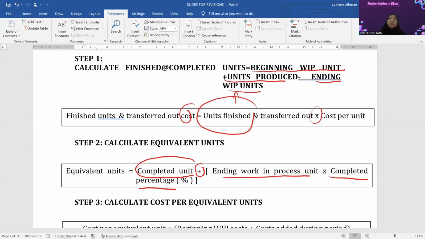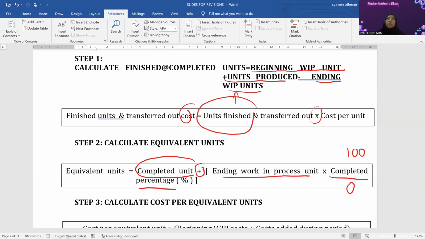Kalau direct materials are added in the beginning of the production, the completed percentage will be 100%. Kalau towards the end, it will be 0%. Kalau uniformly, that means the percentage is given in the question. So awak cari percentage tersebut dan letak di sini untuk darab dengan ending work in process. So that will be your ending work in process unit for that particular item.